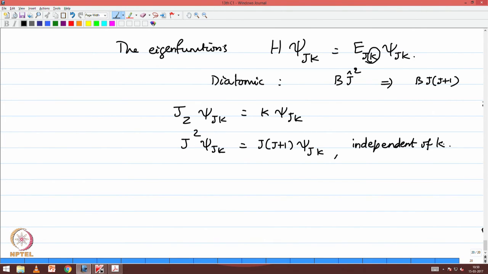These are derived from the quantum mechanics of the rotor.